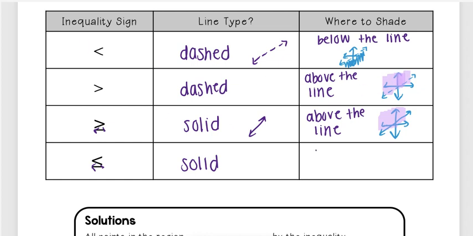And for less than or equal to, you're going to shade below the line. So anything with less than, you shade below. Anything with greater than, you're going to shade above. And so those are some examples of what all those look like.